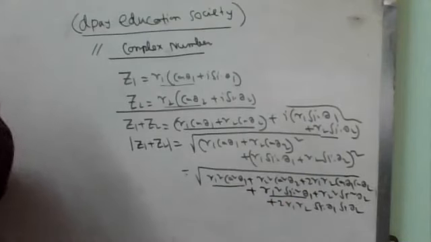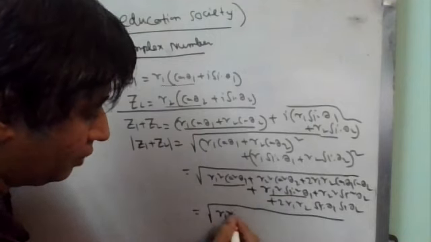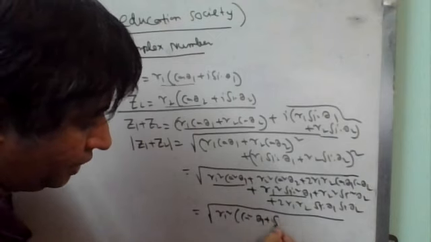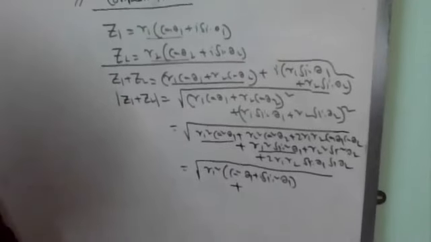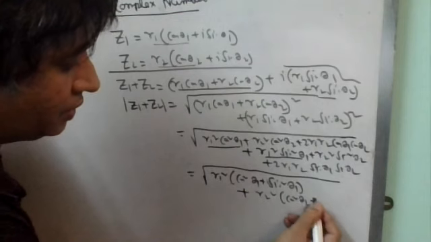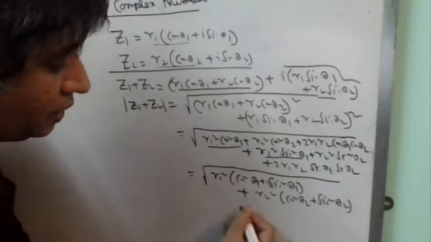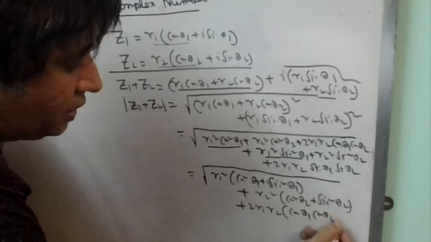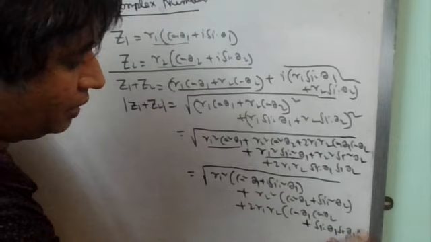So I can write r1²(cos² theta1 + sin² theta1) + r2²(cos² theta2 + sin² theta2) + 2 r1 r2 (cos theta1 cos theta2 + sin theta1 sin theta2).